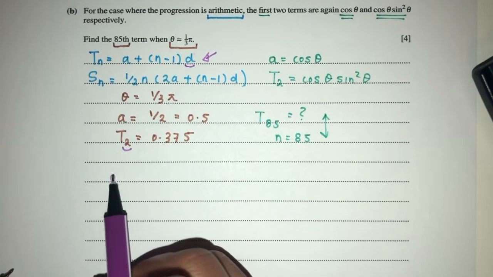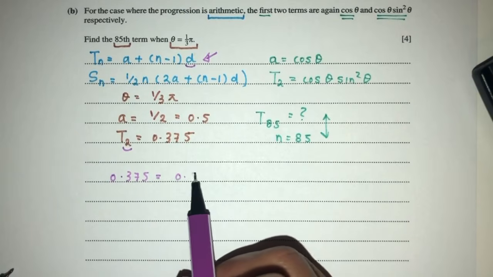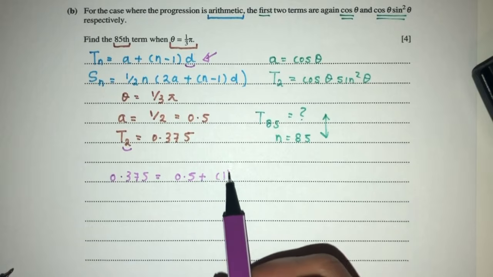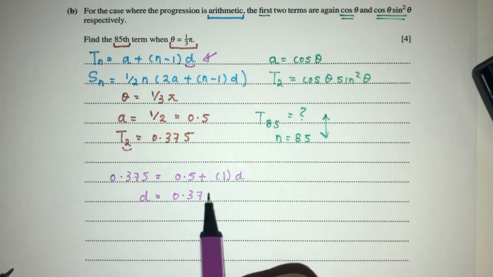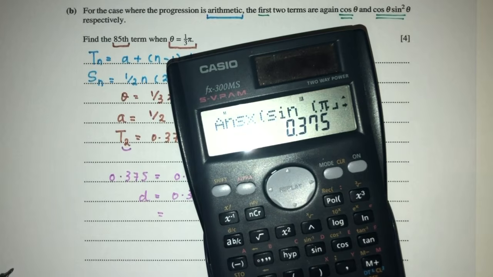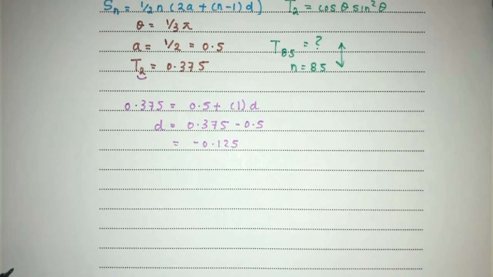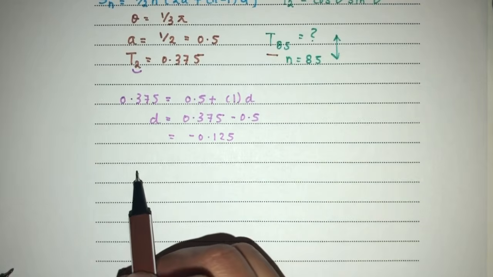You will have 0.375 is equal to a is 0.5, plus n minus 1 is 2 minus 1 is 1, times d. D has to be 0.375 minus 0.5. That will be what? Minus 0.125. Okay, that is D as we have seen.